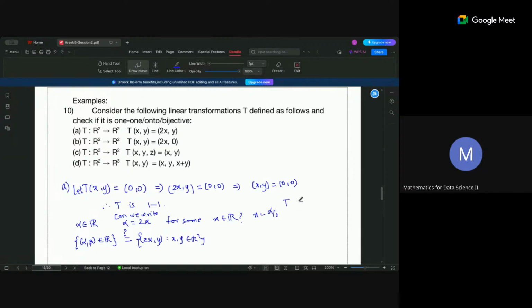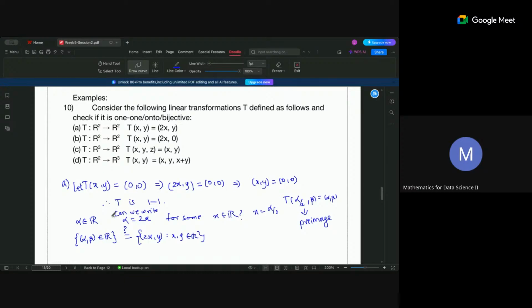So T of alpha by 2 comma beta gives alpha comma beta. So for every alpha comma beta in your codomain, you have the pre-image. You are able to find a pre-image for every element in your codomain.